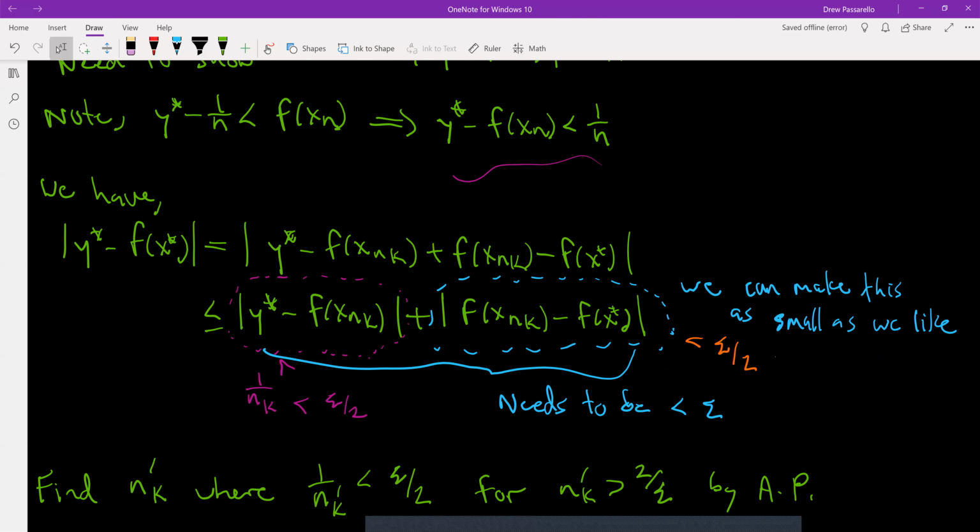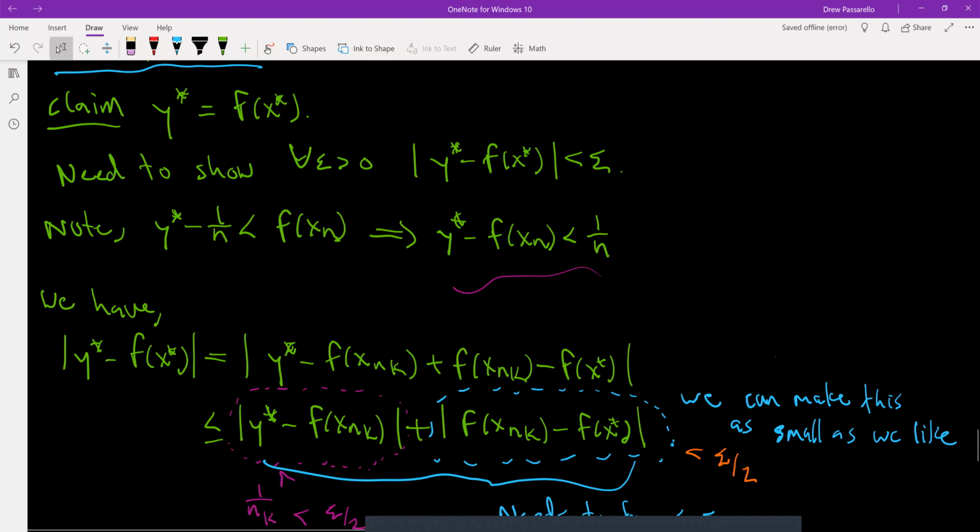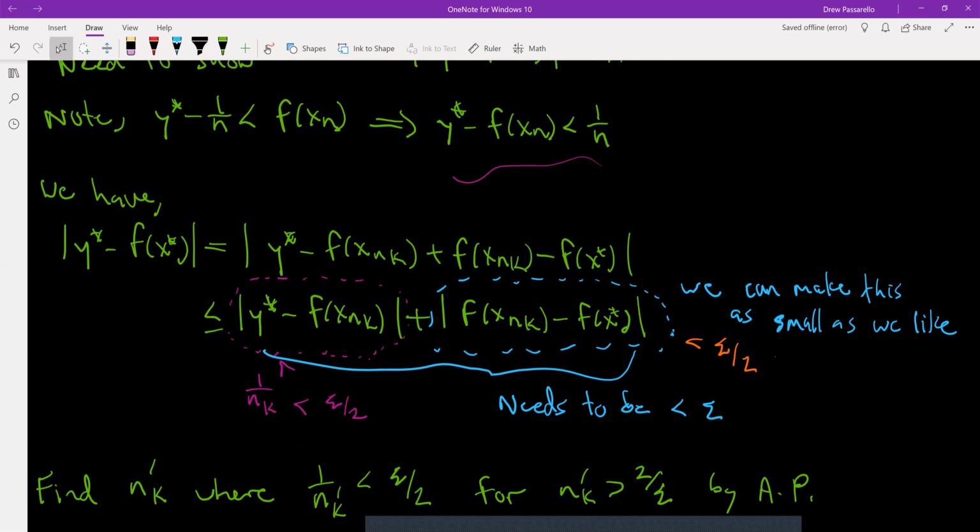Well, we know the convergence of f of x_nk to f of x star, so therefore we can manipulate the second thing to make it as small as we like, since it's true for all epsilon, so make it epsilon over 2. Then for the first thing, y star minus f of x_nk, since y star minus f of x_n is less than 1 over n, then y star minus f of x_nk is going to be less than 1 over nk.